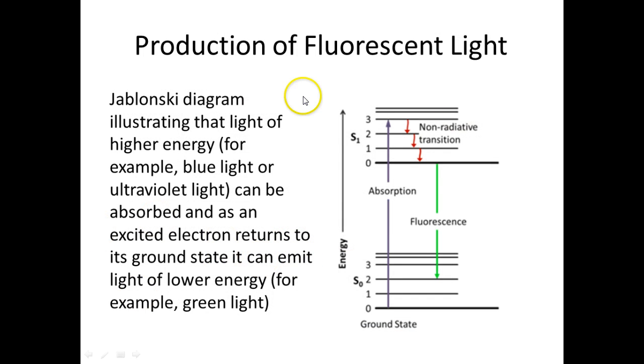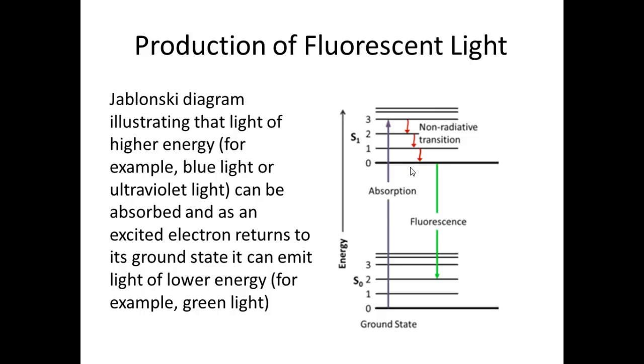So how does this fluorescent light work? The blue light, the UV light that we're going to be using, is a high energy light, and it's absorbed by these organisms, and it excites electrons. When those electrons move up and then move back, they fluoresce green light, which we can actually see.